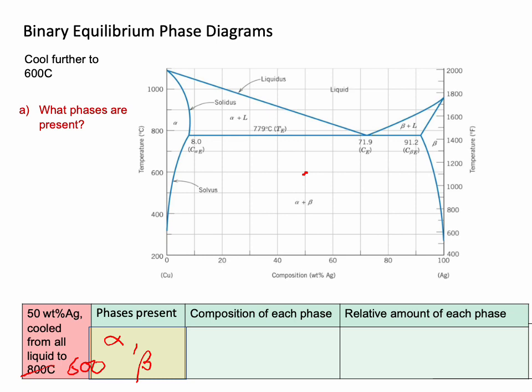The composition of my alpha is way over here. Oops. Oh, my alpha's composition is right there. I think we decided to call that 3. So my alpha is 3 weight percent silver.